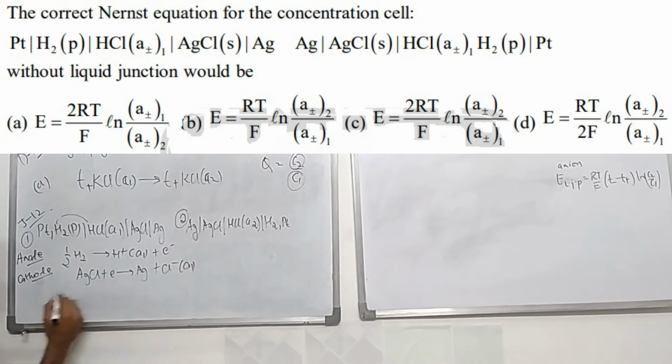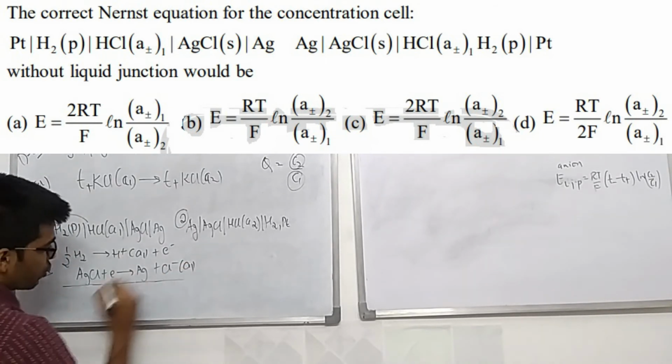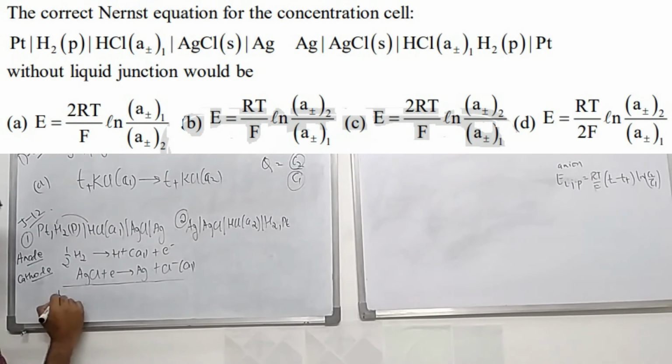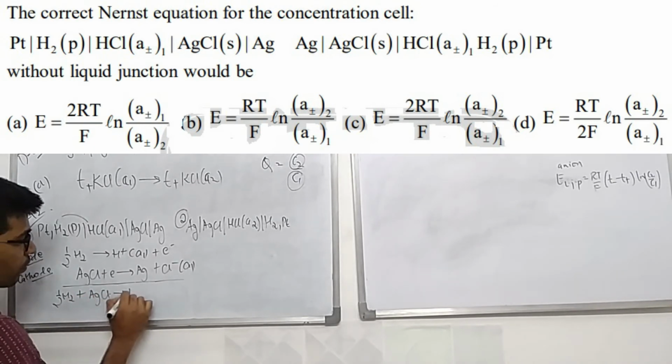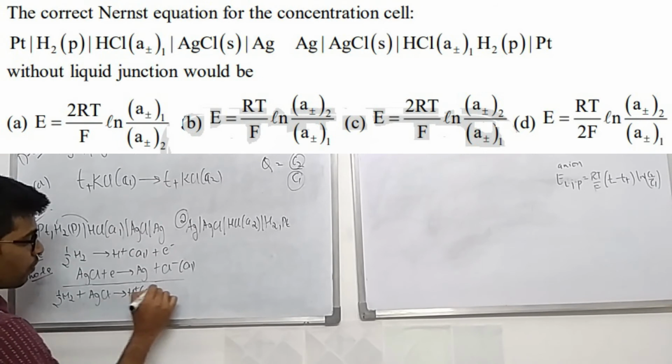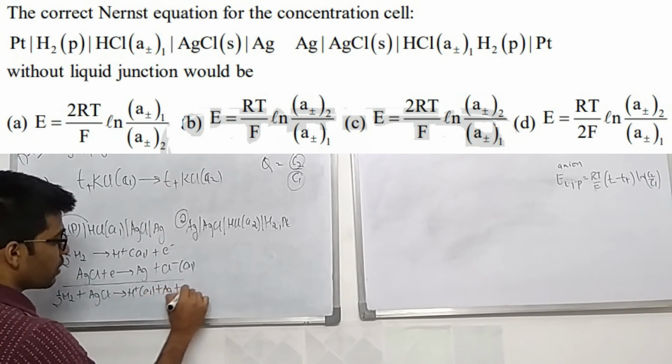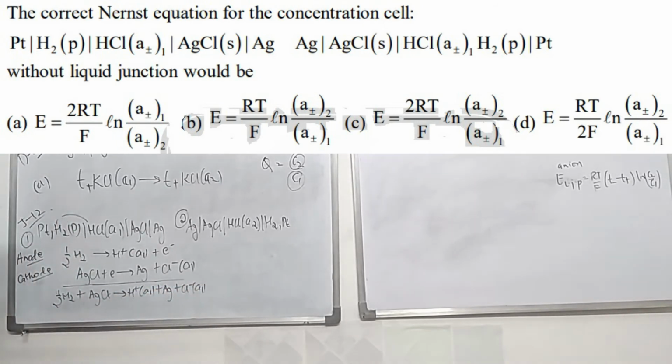So what is the total reaction I get from here? The total reaction becomes half H2 plus AgCl gives H plus at A1 plus Ag plus Cl minus at A1.